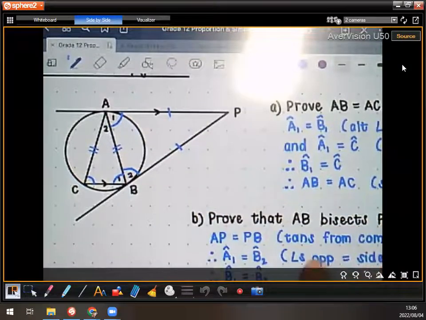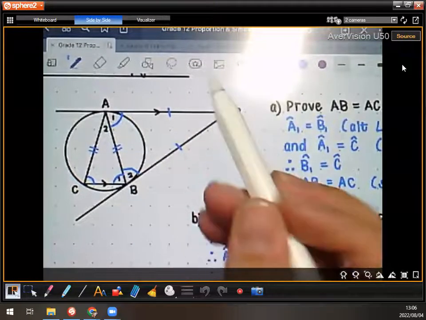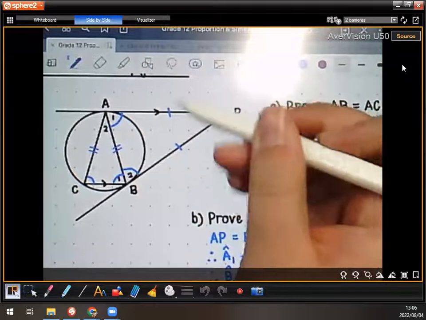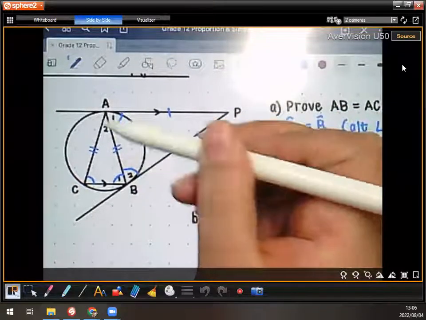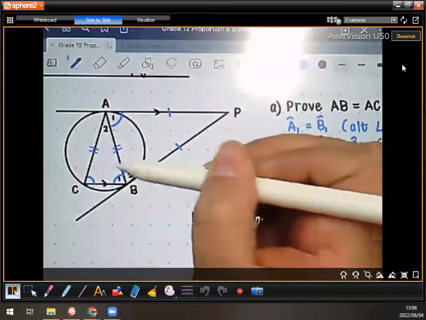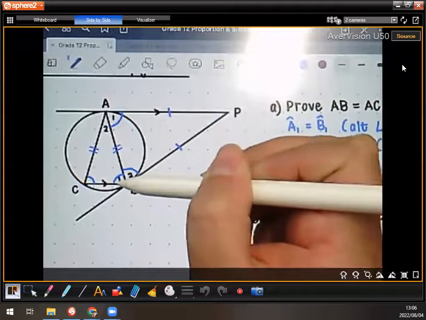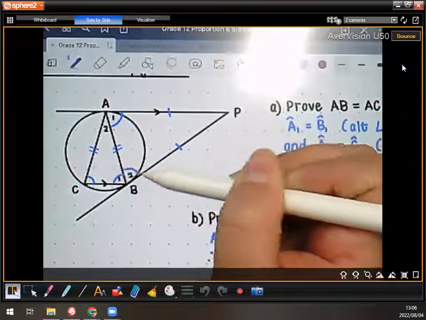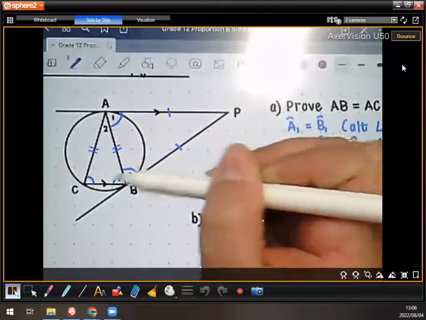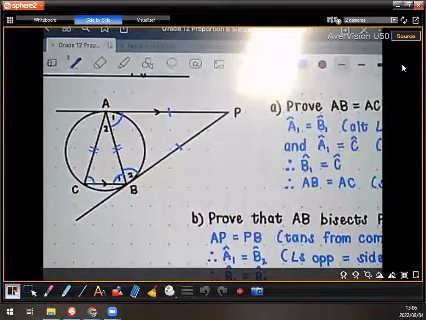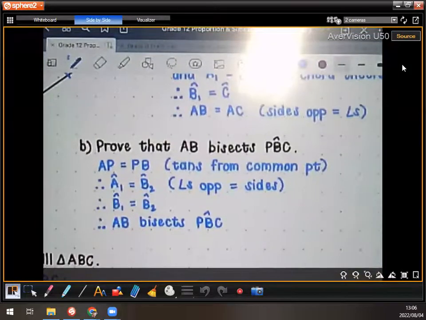So this tangent from a common point, I'll finish the whole word now. And if these two lines are equal, then those two angles will be equal. Right, so then we have that B2 is also equal to A1, which was equal to B1. Okay, so that's what I wrote for that.